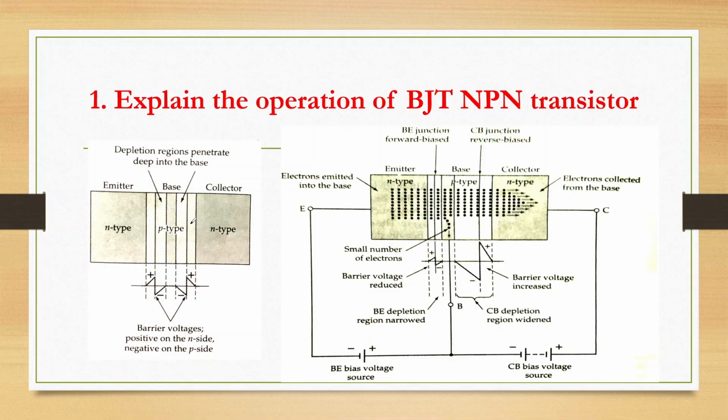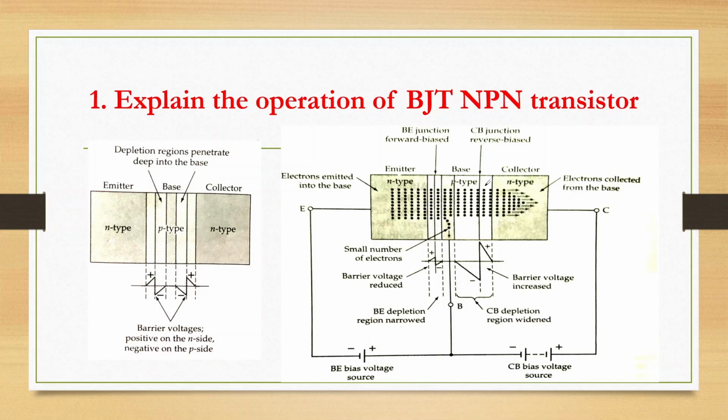As we know, the base region is narrower and lightly doped compared to the outer layers, that is collector and emitter. Emitter and collector are heavily doped compared to the base, so the depletion regions penetrate deep into the base region.